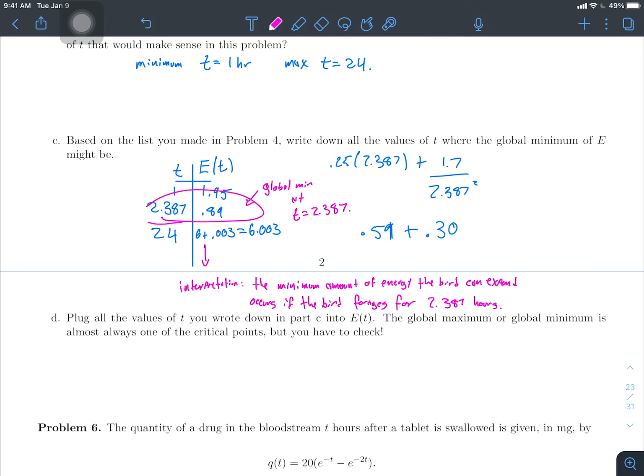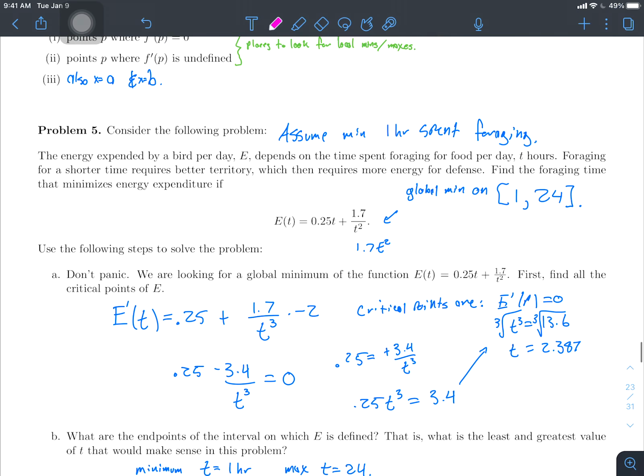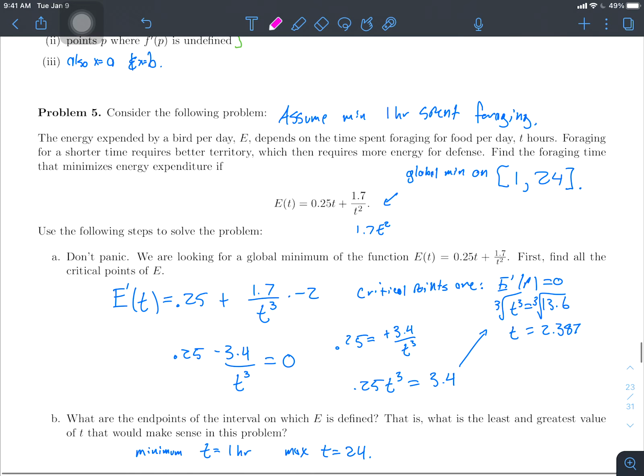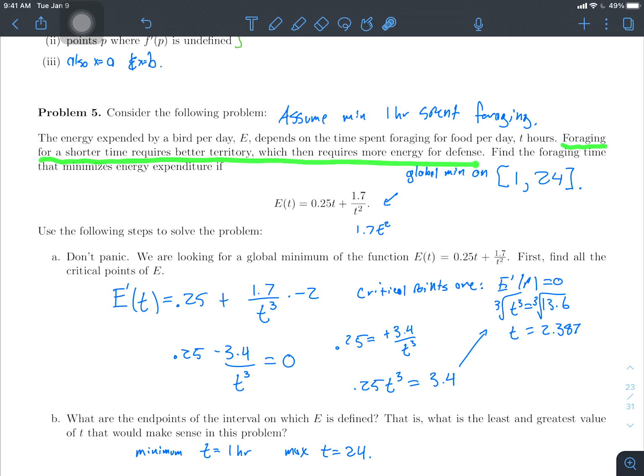Wouldn't it make more sense for it to have expended less energy if it only did the minimum amount of time foraging? Well, I guess that's what this statement here is supposed to catch. It says foraging for a shorter time requires better territory, which requires more energy for defense.